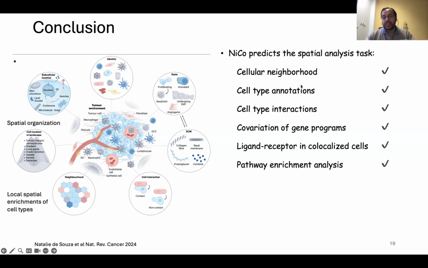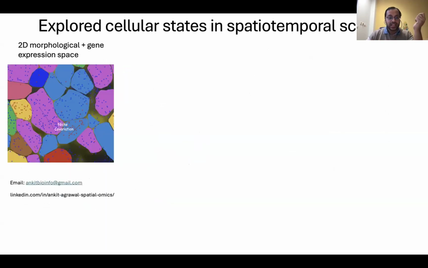So the NICO method did the cellular neighborhood analysis, cell type annotation, cell type interaction, ligand receptor, etc. And it will be very useful for the disease tissue where some of the cells have a bad phenotype, and if we can understand which genes are involved in this bad phenotype, we can try to find the therapeutic site.